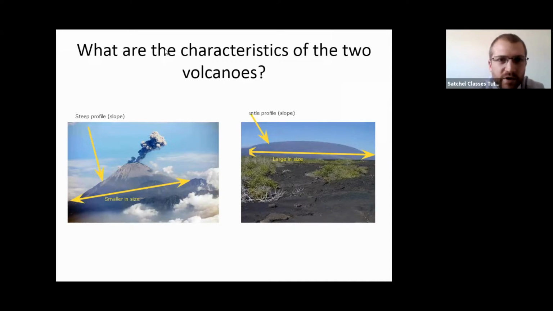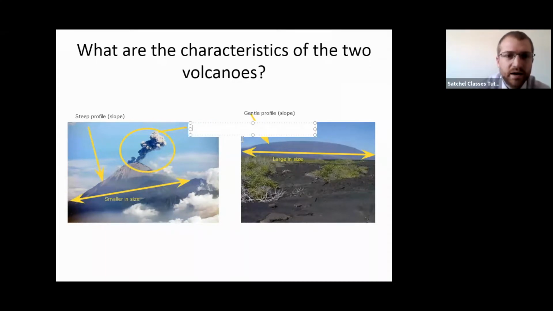Now, right at the very top, what we might also notice is this. In opposition to the other volcano, we can actually see, and I'll do it back in black, what looks like ash or smoke or a cloud coming out.